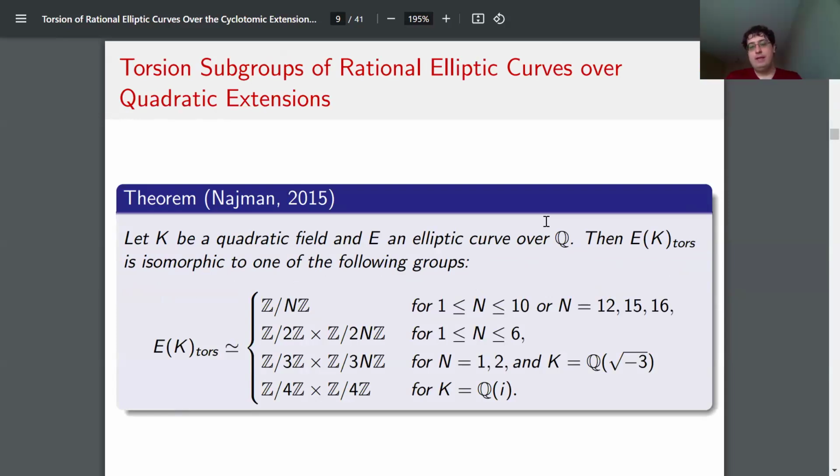Yes. So another variant of our problem is, what if we only focus on elliptic curves over Q and look at the E(K) torsion? So Najman classified this for quadratic fields in 2015, and you can see here the groups we see. The problem is a special variant of the other one, and the groups we see will be a subset of the subgroups that we already saw in the other problem.